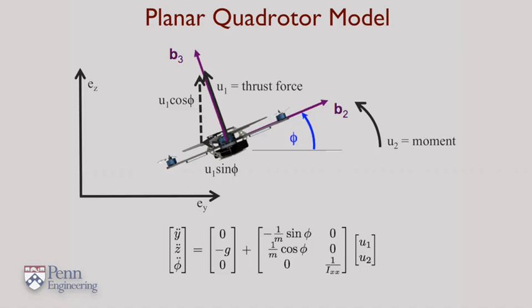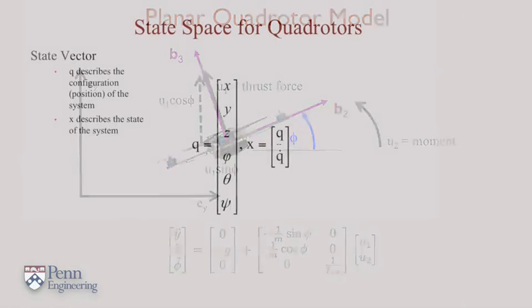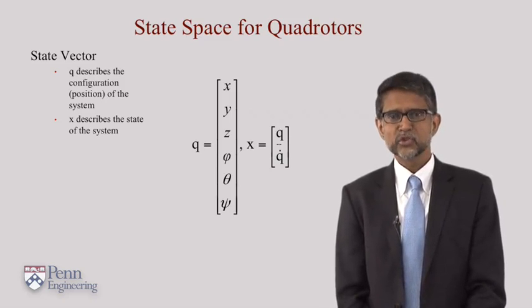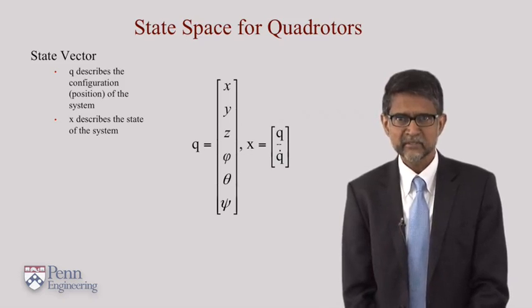Equations that describe the rates of change of velocity in the y and the z direction, and the rate of change of the angular velocity in the roll direction. To describe these kinds of systems, it is useful to define a state vector.